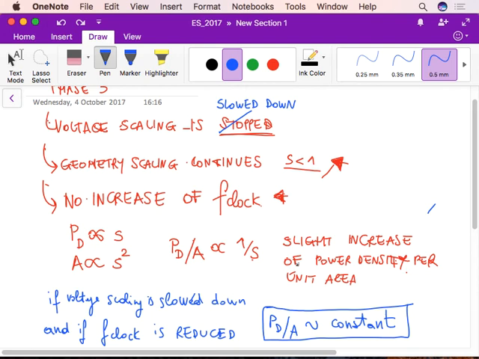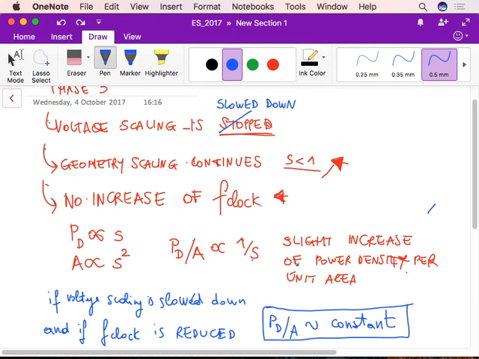What is happening now? If you look at the technical notes of the microprocessors used in notebook computers or in smartphones, actually the clock frequencies are decreasing. Voltage is still scaling down, but very, very slowly.